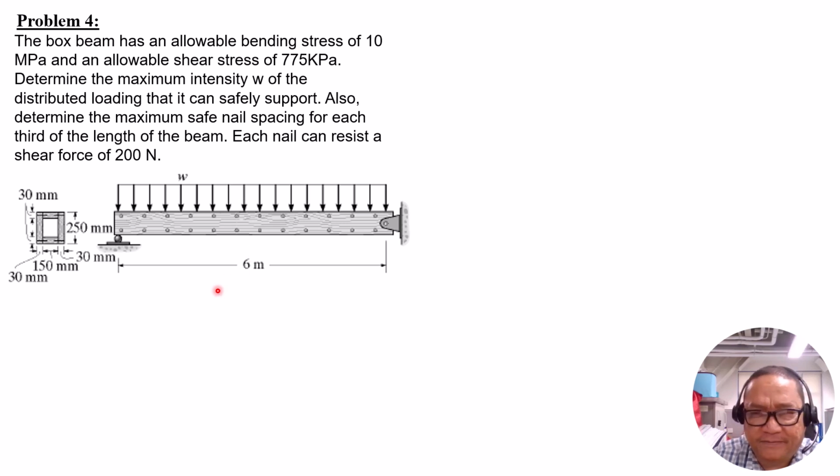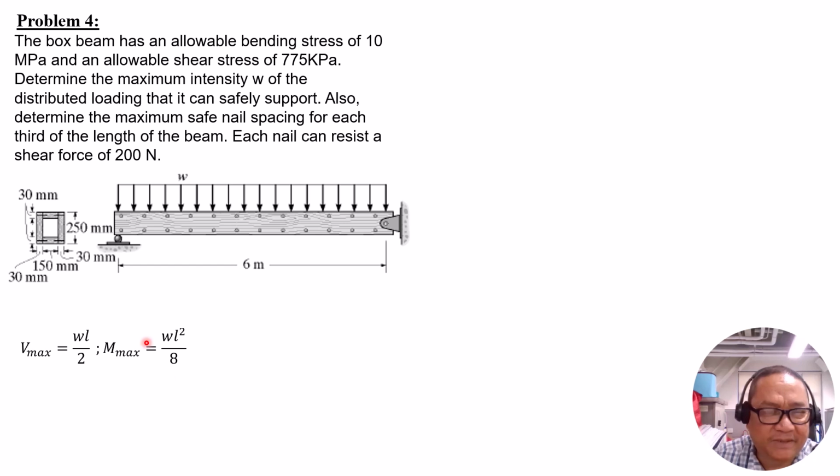So first, let's compute Vmax, which, if we base it on shear, is WL over 2, the reaction here or here, and Mmax is WL squared over 8.